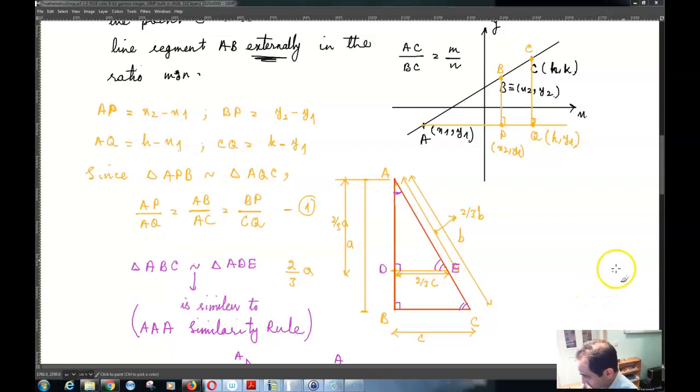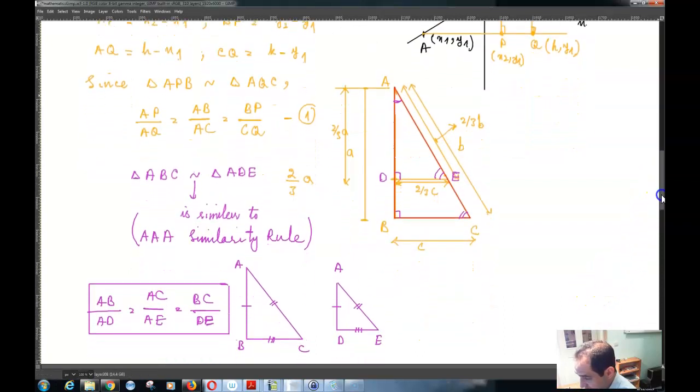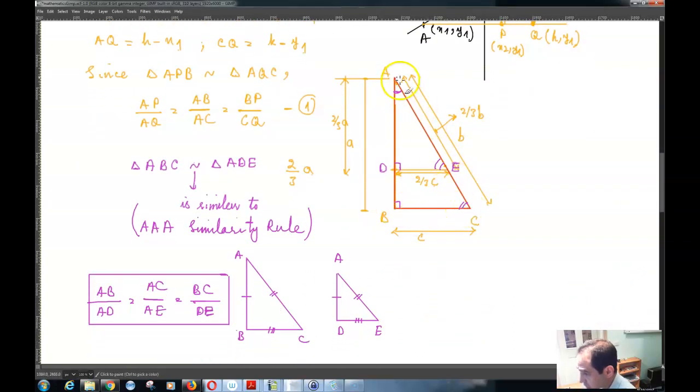Just to be clear, I didn't talk much about the similarity of triangles, but in mathematics we say that, for example, a circle with this radius is similar to this circle.